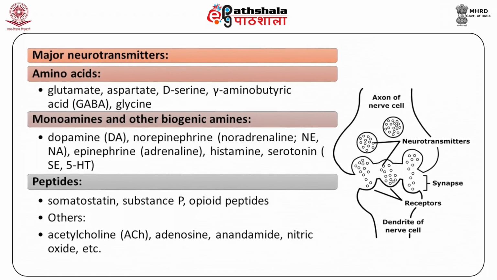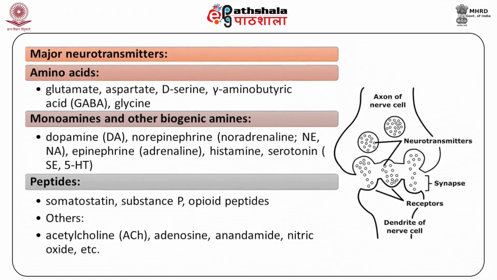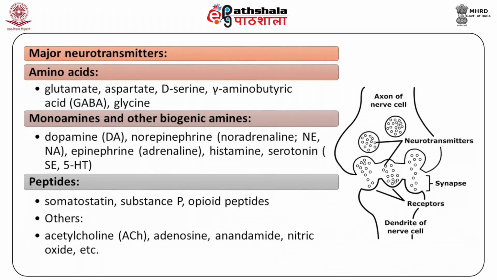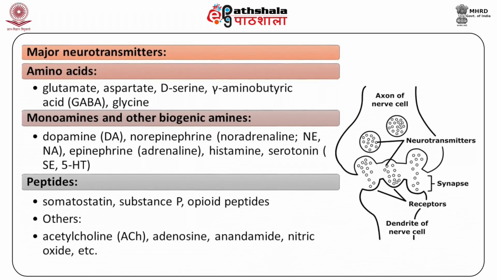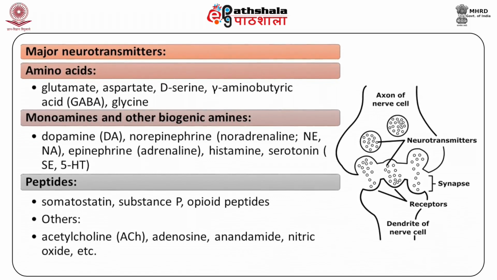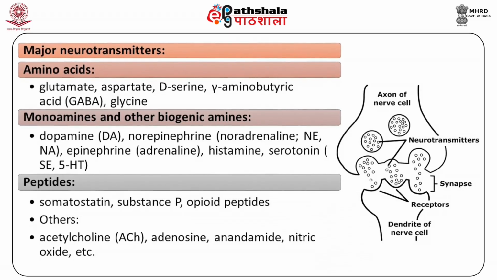Monoamines and other biogenic amines include dopamine, which is also known as DA, norepinephrine, also known as noradrenaline, NE and NA, epinephrine, which is also known as adrenaline, histamine, serotonin, which is also known as 5-HT.